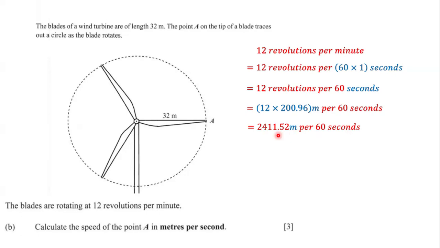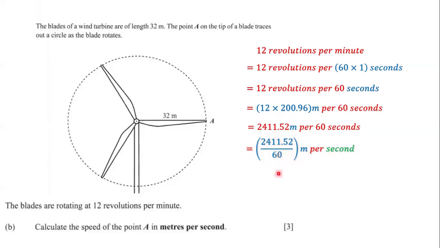All right. So we know that 2,411.52 meters is the distance that is covered every 60 seconds. So if you want to figure out the distance that is covered in 1 second, we just have to divide this distance by 60. And so we have 2,411.52 divided by 60, and that's the distance that will be covered every second.